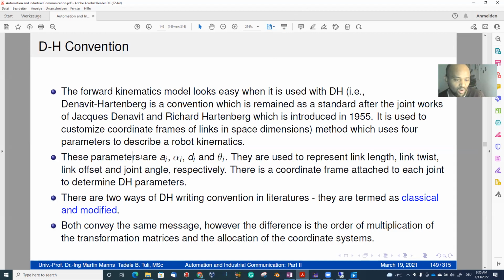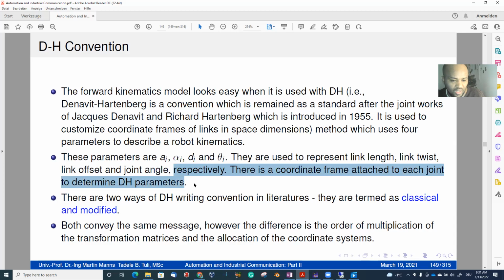Link offset is the offset between the previous link and the current link along the rotational axis. So it is how the links are offset from the axis of the previous rotation. The joint angle is a rotation of the joint, or the joint variable.